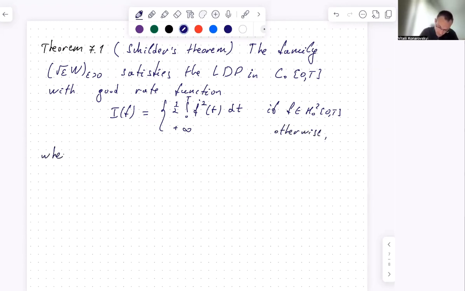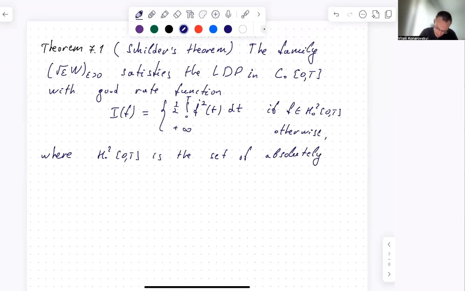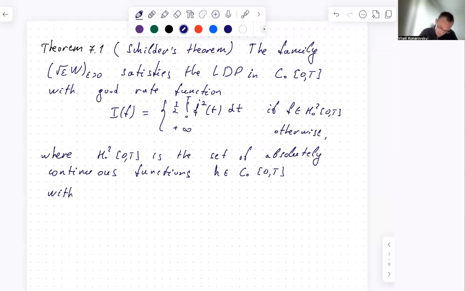Here H0 2 [0,T] is the set of absolutely continuous functions h from C0 [0,T] with the property that its derivative belongs to L2 [0,T]. So I mean with the derivative which is integrable.